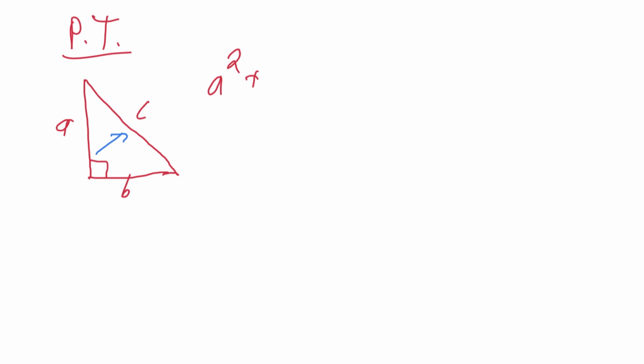So let's put this in context. I want to compare this to the Pythagorean theorem. So let's recall what the Pythagorean theorem says. It says that if I have a right triangle, then the hypotenuse, or the side opposite the right angle, has the property that its side length squared, c squared, is equal to a squared plus b squared.